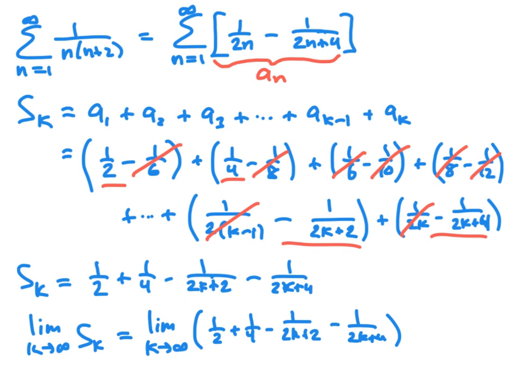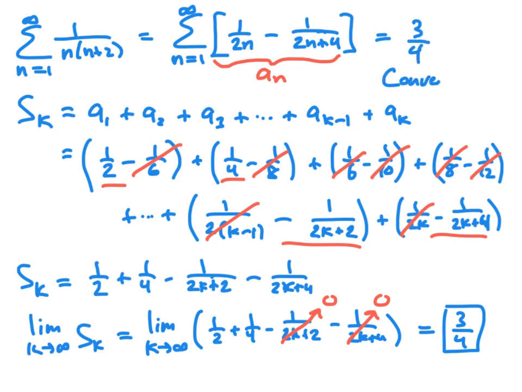And as k goes to infinity, we know the two terms here with the k in the denominator will go off to 0. And so we get a limit of 1/2 plus 1/4, which is equal to 3/4. So our original series that we started with converges, and it converges to the value of 3/4.